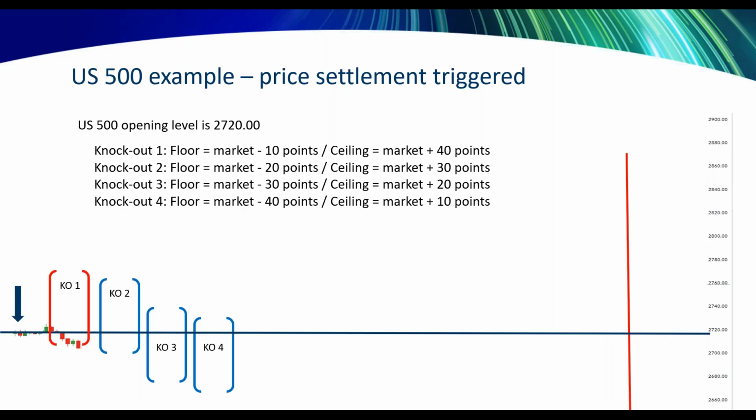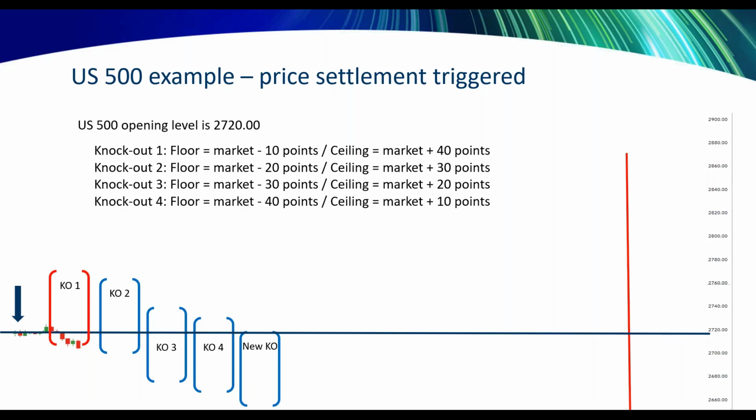It's knocked out. Anyone who bought knockout number 1, you bought the price level, it went down, it hit the floor. Anyone who bought got knocked out for maximum potential loss. If someone happened to have sold that contract and it went down, they would have gotten knocked out for maximum potential profit. That knockout's now gone, and because the S&P went lower, we add a new knockout down below.